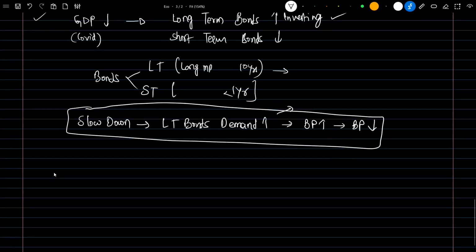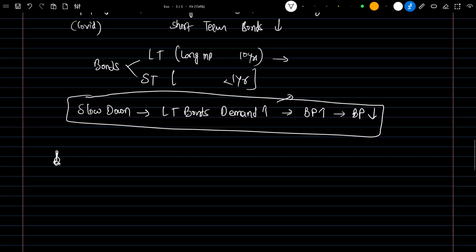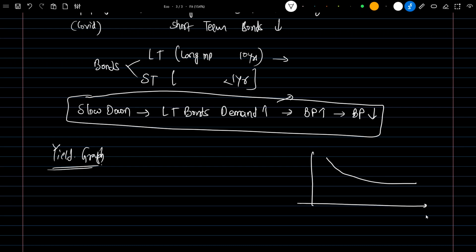Earlier we were talking about the yield graph. We told that it can be inverted, and the inverted one will be in this form. This is the maturity time period and this is the bond yield.